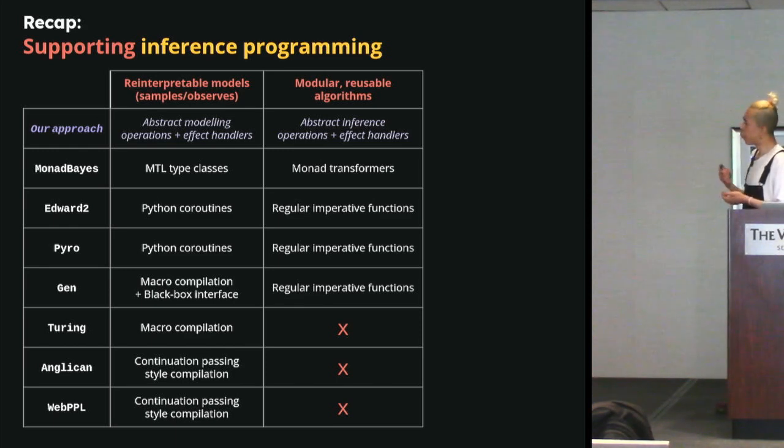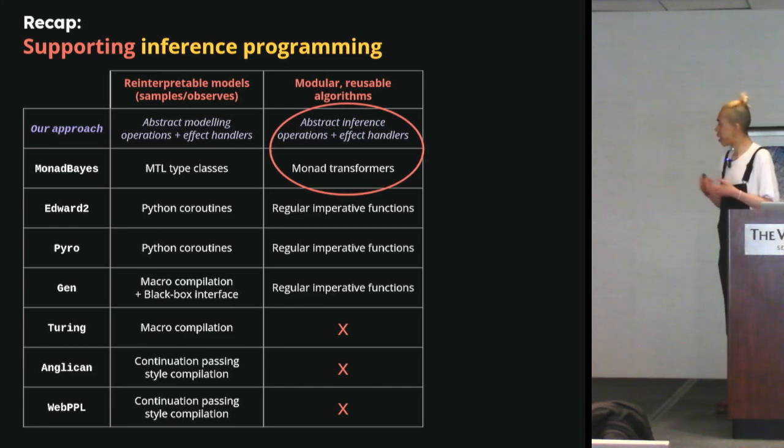The most obvious way to go about this is to use functions. And while functions are super modular, modularity isn't the only thing we care about. For inference to be easy to program, it can be useful to have stronger abstractions, ones that make it clear how the algorithms are structured and how they can be extended.